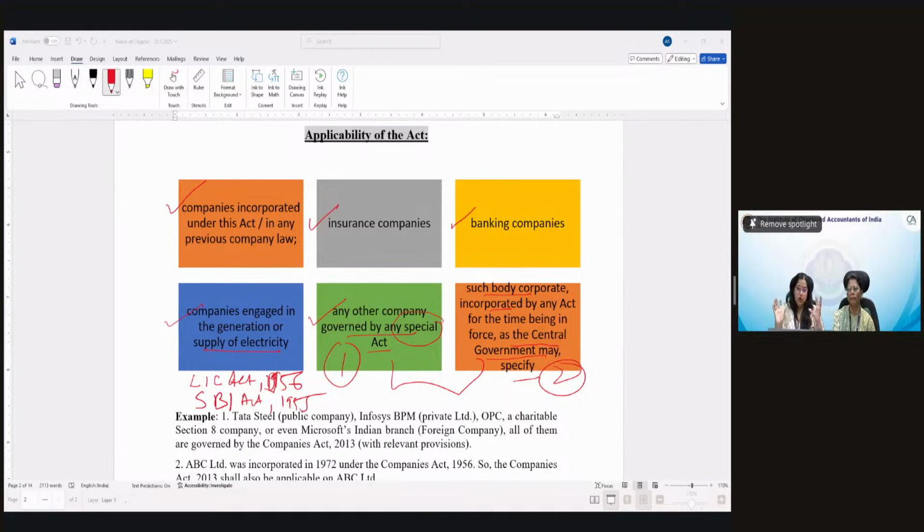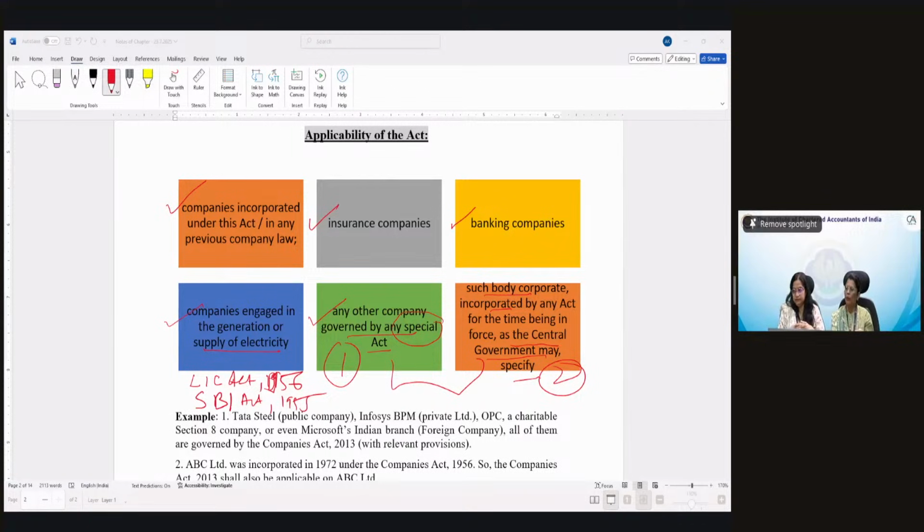So though they will be treated as companies here, if there is a contradiction or inconsistency between the Companies Act 2013 and the Insurance Act or the Banking Regulation Act, then that will prevail. The Companies Act is generally laying down general laws pertaining to the company's functions or every type of management.